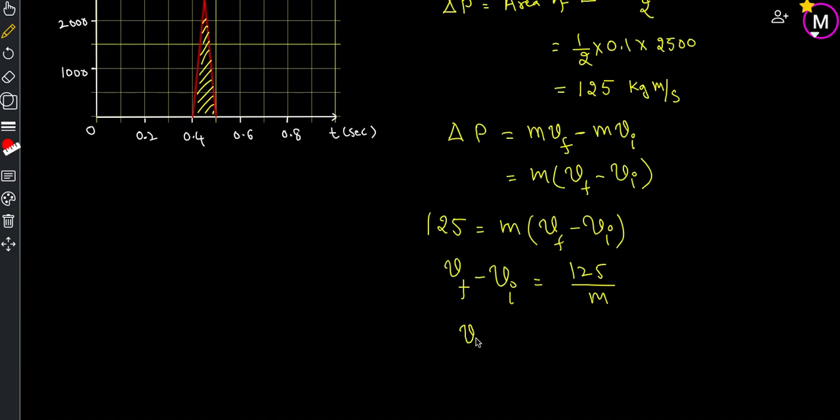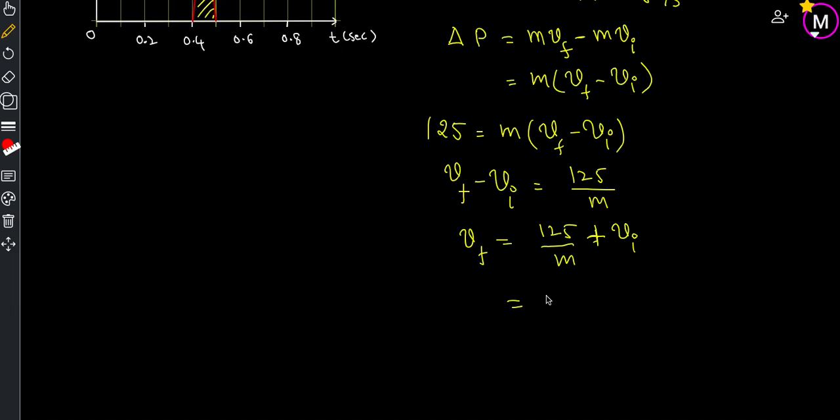So Vf, that is final velocity, equals 125 over mass plus V initial. So let us substitute the values now.